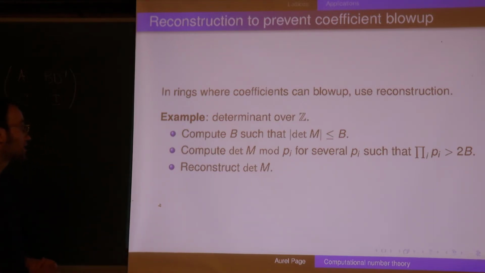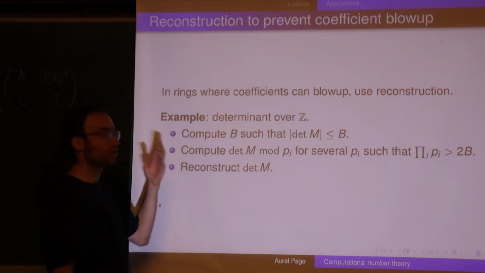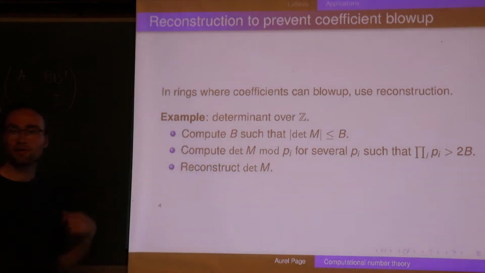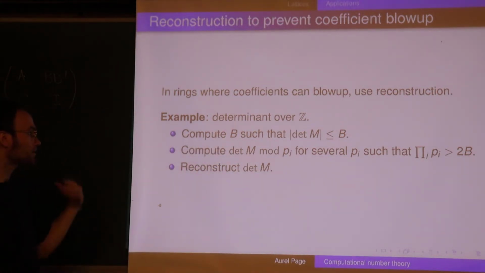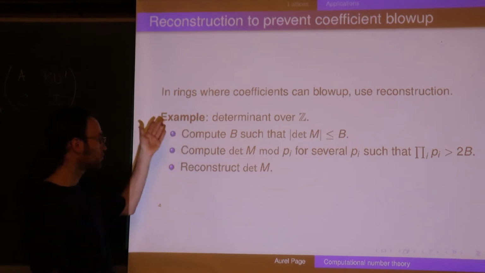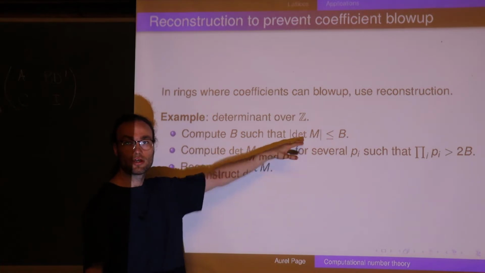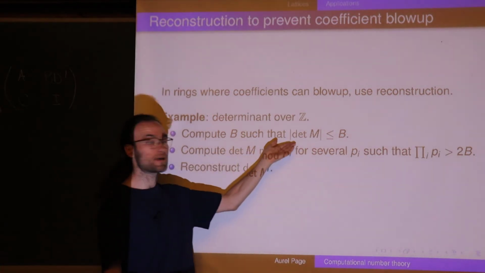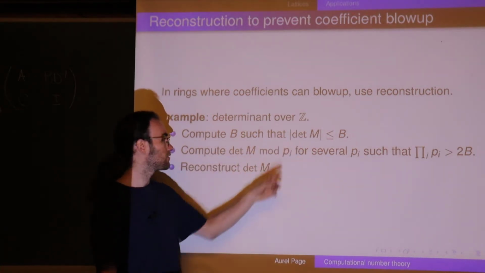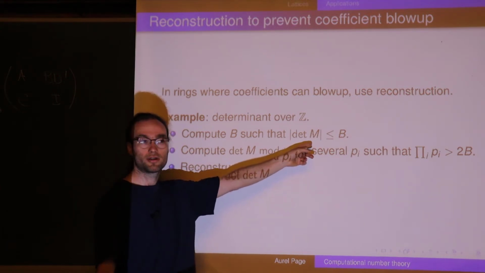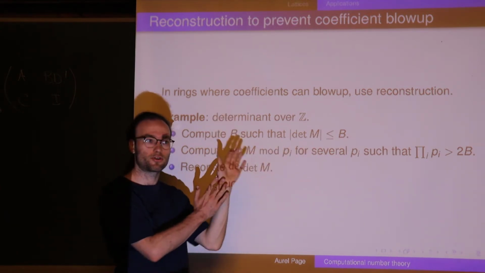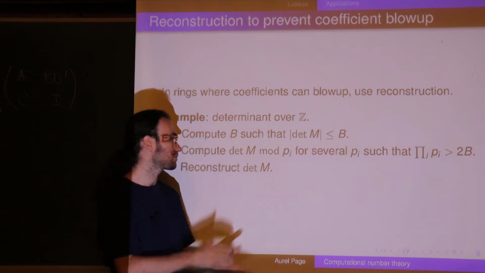Okay? And so the idea is simple. You actually use a reconstruction algorithm. You compute the determinant. So first you compute a bound on the determinant that you are going to compute. For this, you can, for instance, use the Hadamard bound, which tells you that the determinant is at most the product of the norms of the columns. That gives a bound.